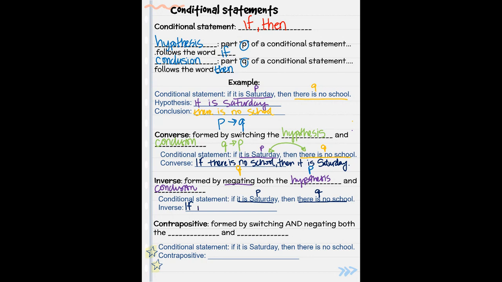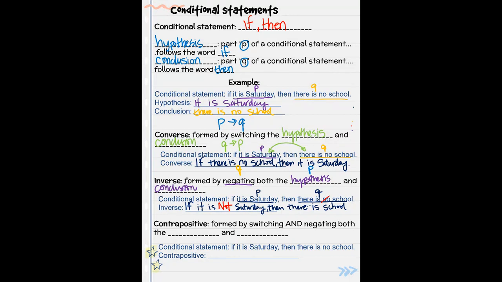So if it is not Saturday, then there is school. See how I dropped the no? Because before, there is no school is a negative statement. We're making it into a positive. We're negating it. We're doing the opposite of it.